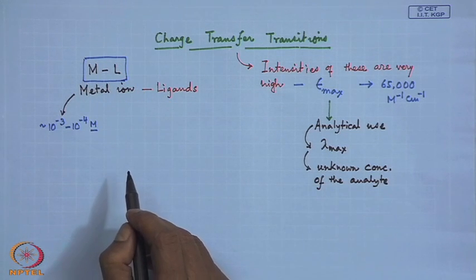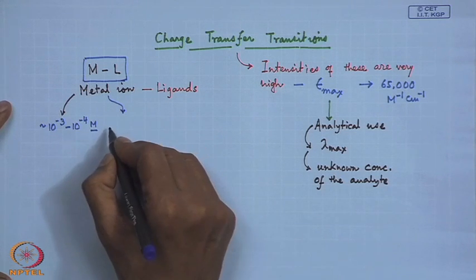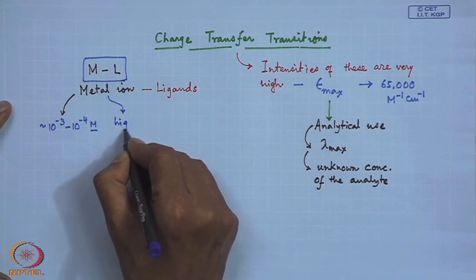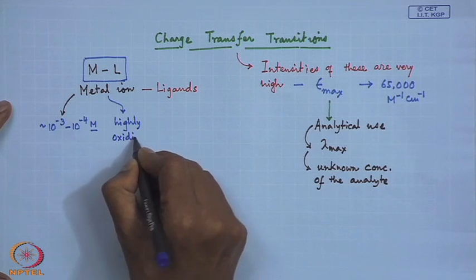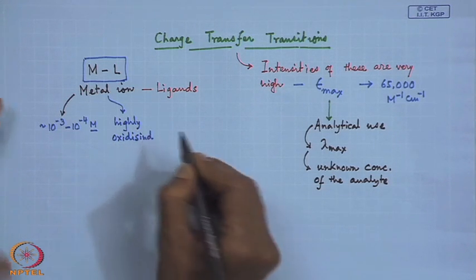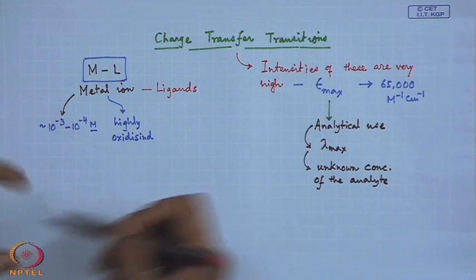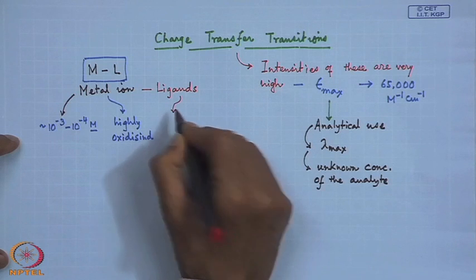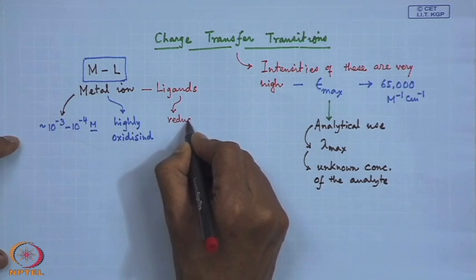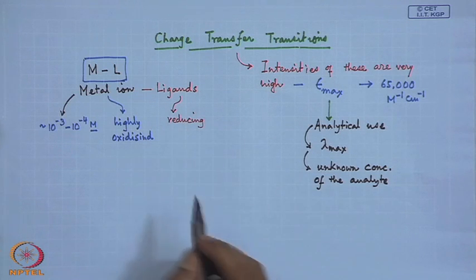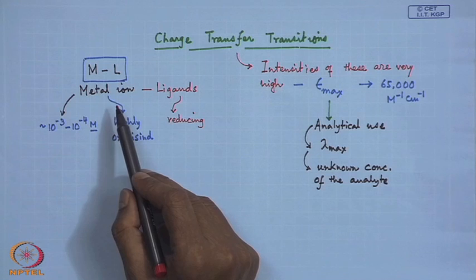If we see one particular case, where the metal is bound to the ligand system, and the metal ion is highly oxidizing, and the ligands attached to these metal ions are of a different type, that means they are reducing in nature, that means the electron density is pushed from the ligand to the metal ion.